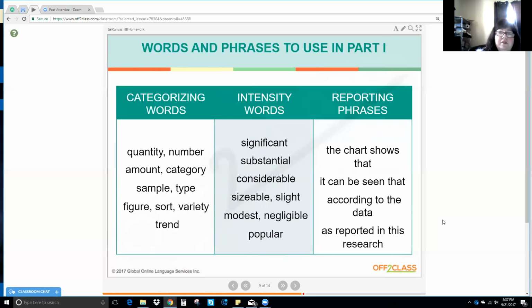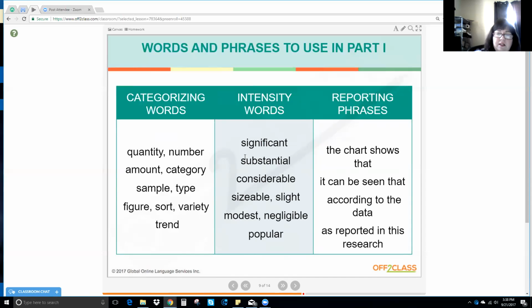So some other words and phrases to use in part 1 would be categorizing words like quantity, number, amount. So these are synonyms, right? Category, sample, type, figure, sort, variety, trend. Intensity words would be significant, substantial, considerable, sizable, slight, modest, negligible, and popular.